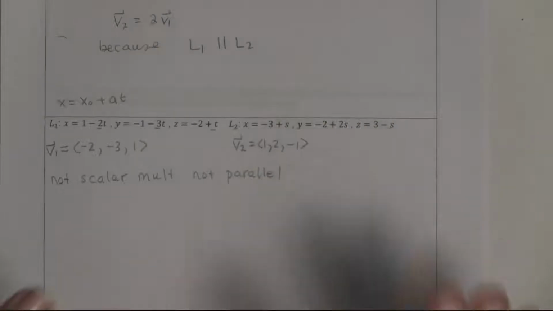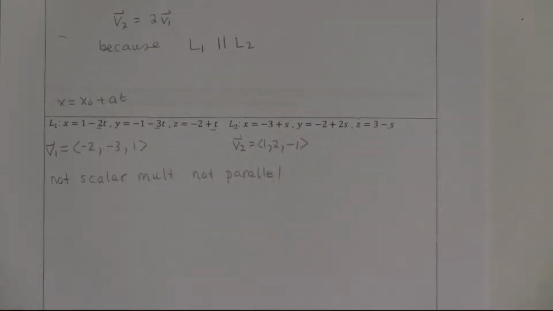So that's why it's going to make it just a little bit easier, not a lot easier, just a tiny bit easier. It just saves me one step if I notice that. If you just always used x and y and solved for s and for t, that works too. But I always look to see if I can get a freebie, and in this case the freebie is going to come by using x and z.